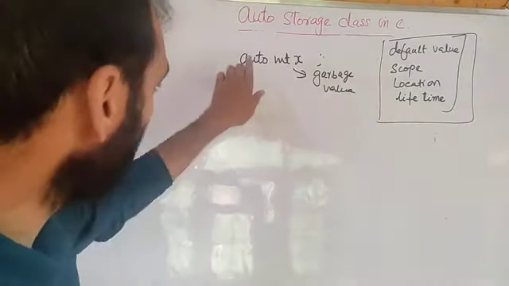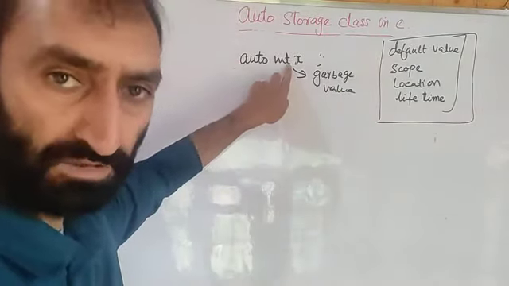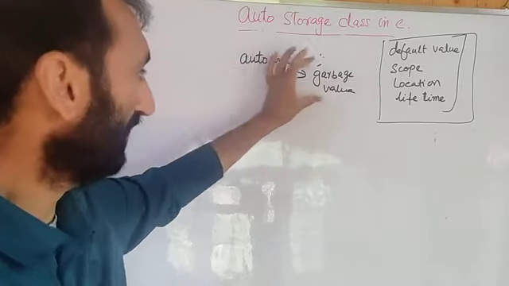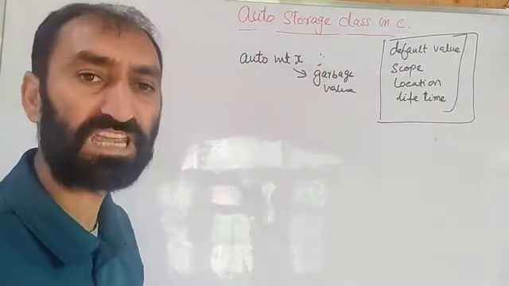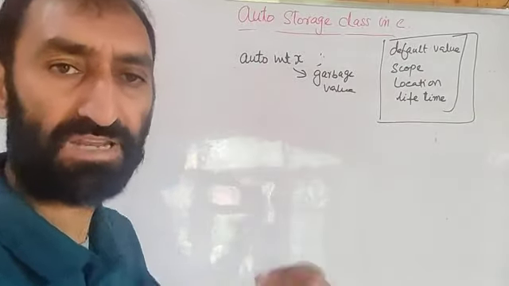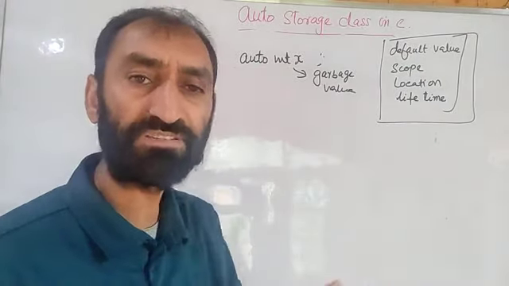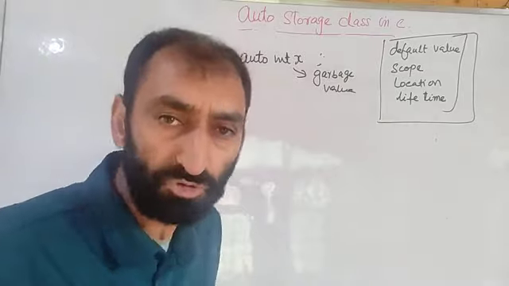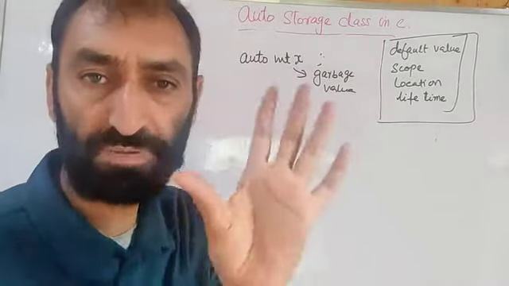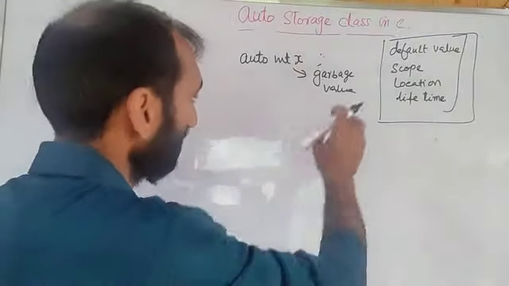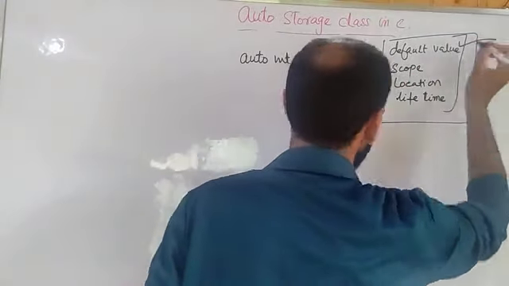When the storage class associated with the variable is auto, the default value would be any garbage value. It can be a negative value, a positive value, a 0. That means I don't know what it could be. It could be anything. At that time, the default value is garbage.